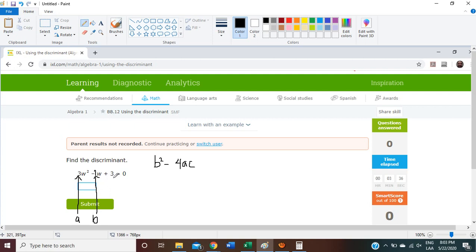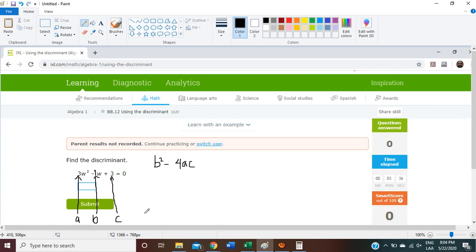And this one is 3. When we don't have a coefficient, a number next to a variable, it is 1. But when we don't have a constant, it is 0. The coefficient is not the same as the constant. Oh, I'm sorry, this is c.